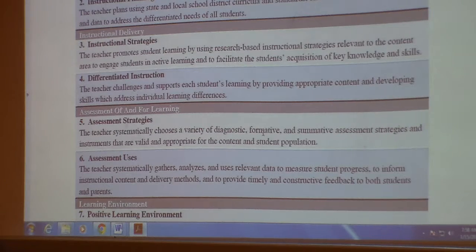Thursday, as you all are talking about your formative assessments and what you've seen and how you're planning on that and what you need to do, that's how we look at assessment strategies and assessment uses, where you analyze relevant data to measure student progress. So on Thursdays, if I'm looking for that, I'll just come in one of those meetings and listen to you.